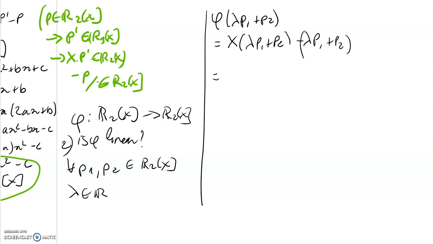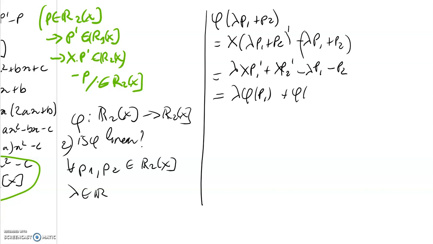Sorry, I've got the derivative. You know that the derivative of a sum is the sum of the derivatives, so you will get lambda x p1 prime plus x p2 prime minus lambda p1 minus p2, which I can rewrite as lambda times phi of p1 plus phi of p2.